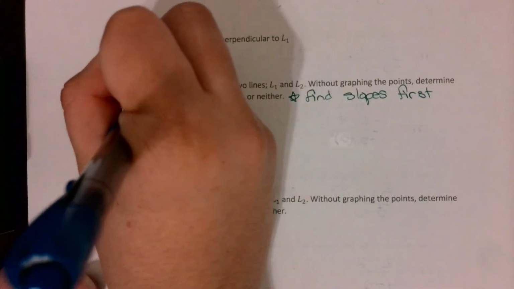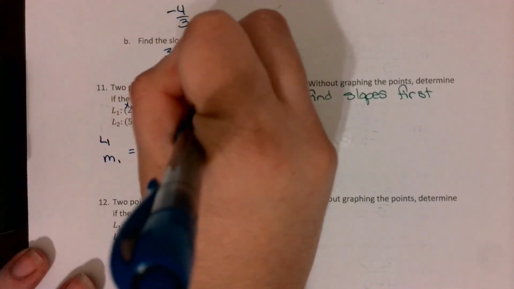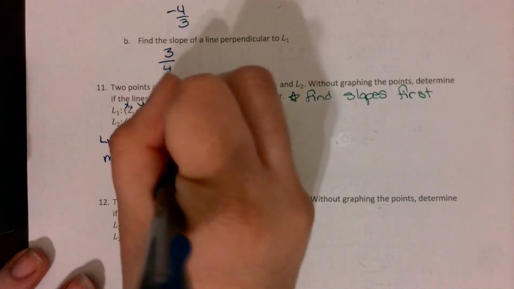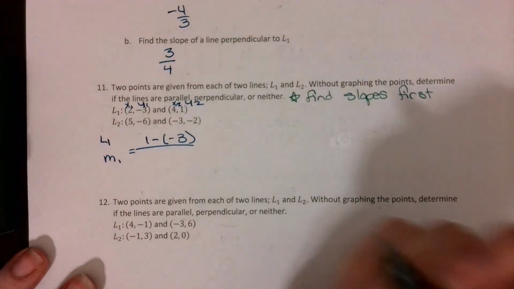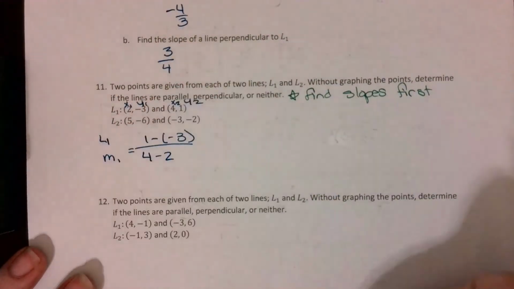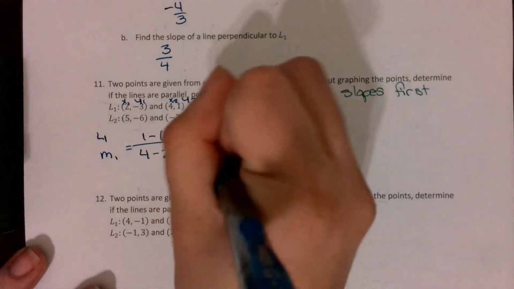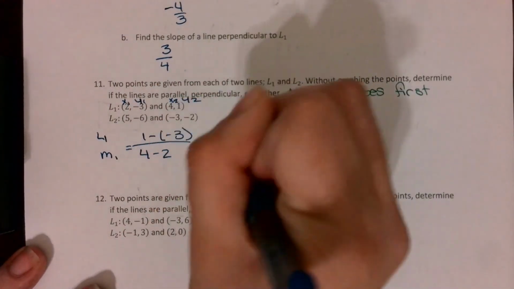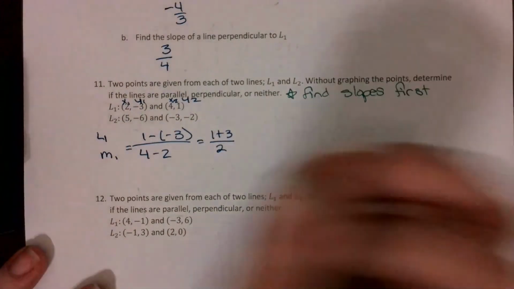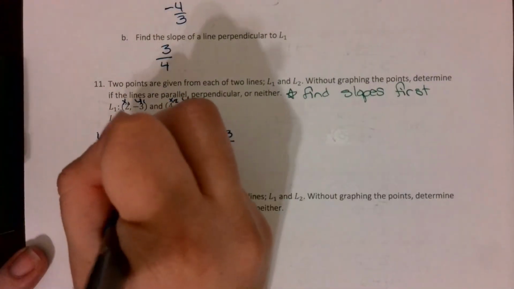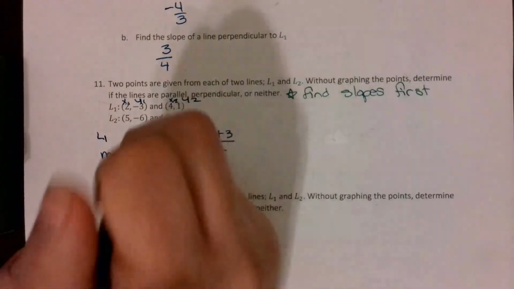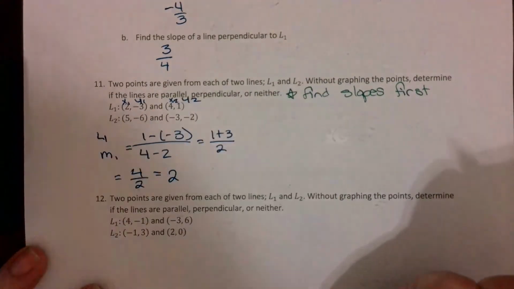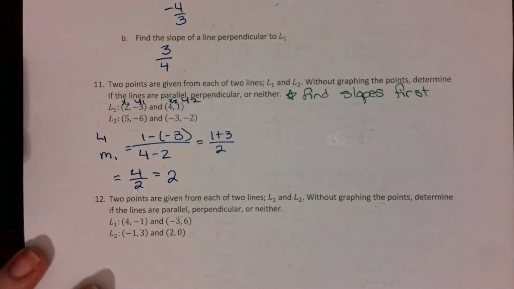So it'll be x1, y1, x2, y2. So I have 1 minus -3 over 4 minus 2. Then I simplify, so I have 1 plus 3 on the top, 4 minus 2 is 2 on the bottom. That gives me 4 on top, 2 still on the bottom. M1 is 2.